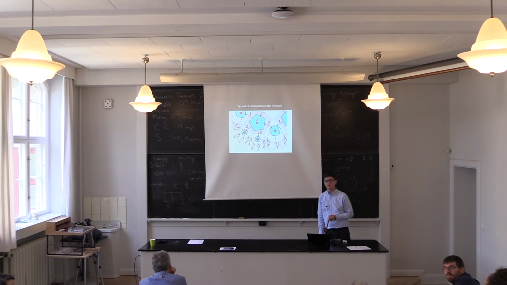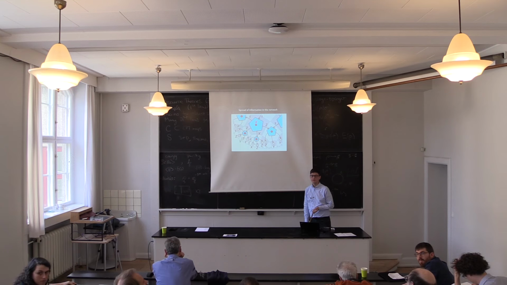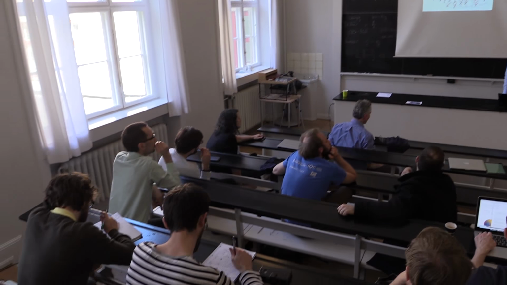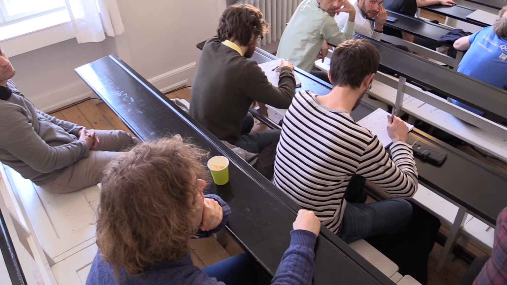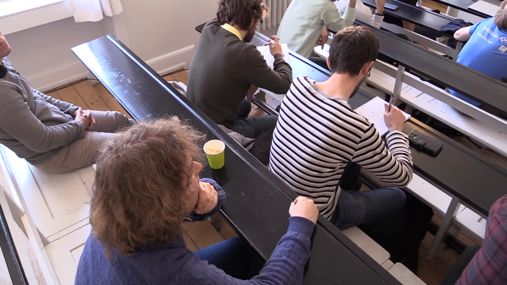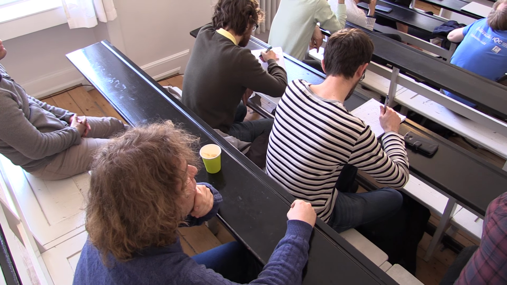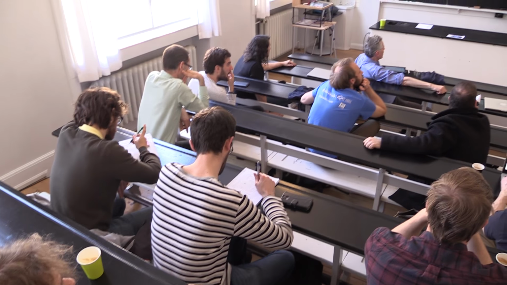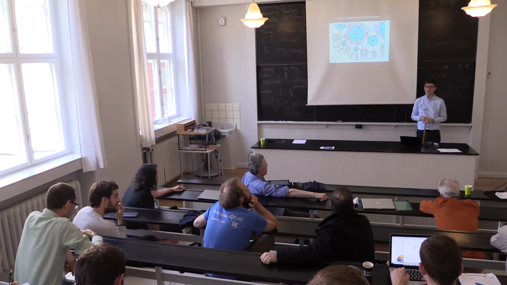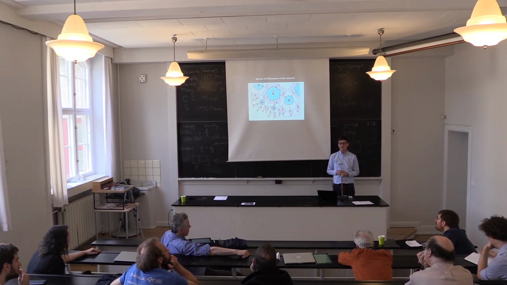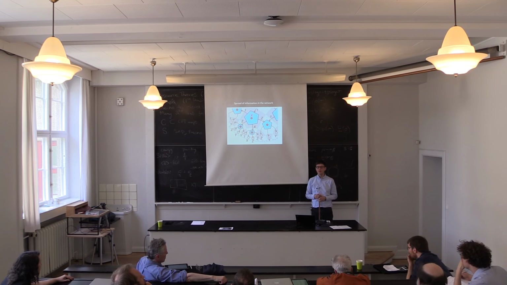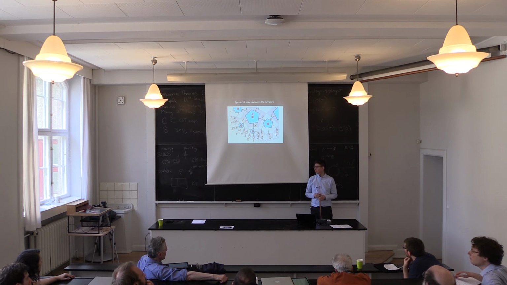Is a generic state an AME state? Like if I take a random state, is that? No, probably not, because it's hard to find them in a general setting. In fact, there is a library of AME states online.